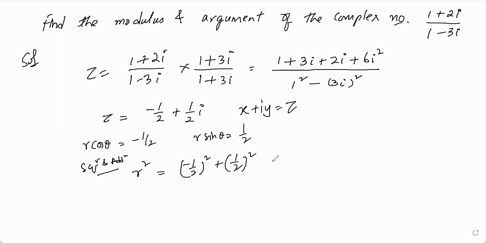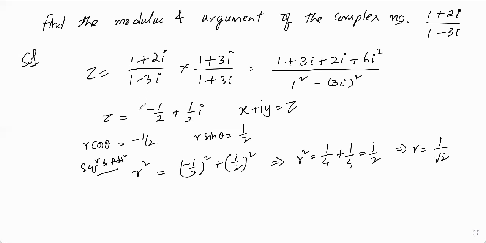Now this results in r square as 1 by 4 plus 1 by 4, which gives half, or r will be 1 by root 2. Once we get r, we will consider r greater than 0.